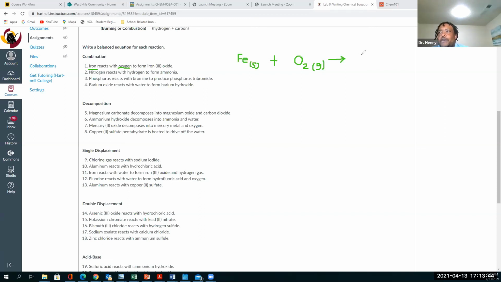So what is the chemical formula for iron 3 oxide? Fe2O3, right? There we go. And that's a solid. So is it balanced? No, you're gonna have to balance it.